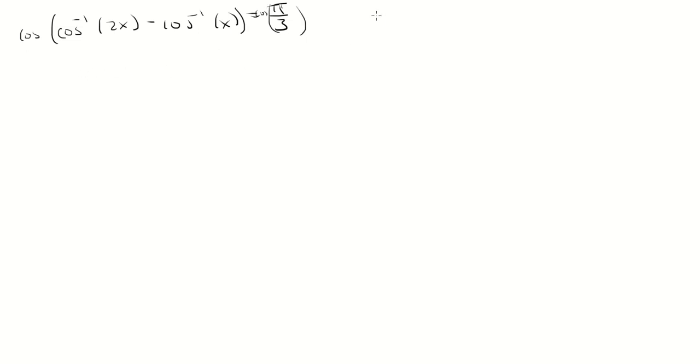So for that, we're going to use the difference formula. Let's say we have cosine of x minus y. That's cosine x cosine y plus sine x sine y. So in this case, inverse cosine of 2x will be our x, and inverse cosine of x is our y.